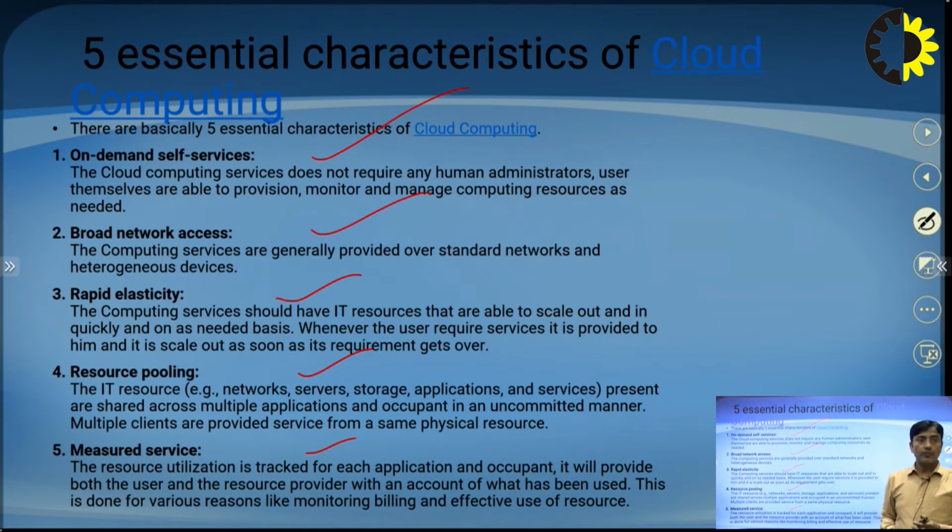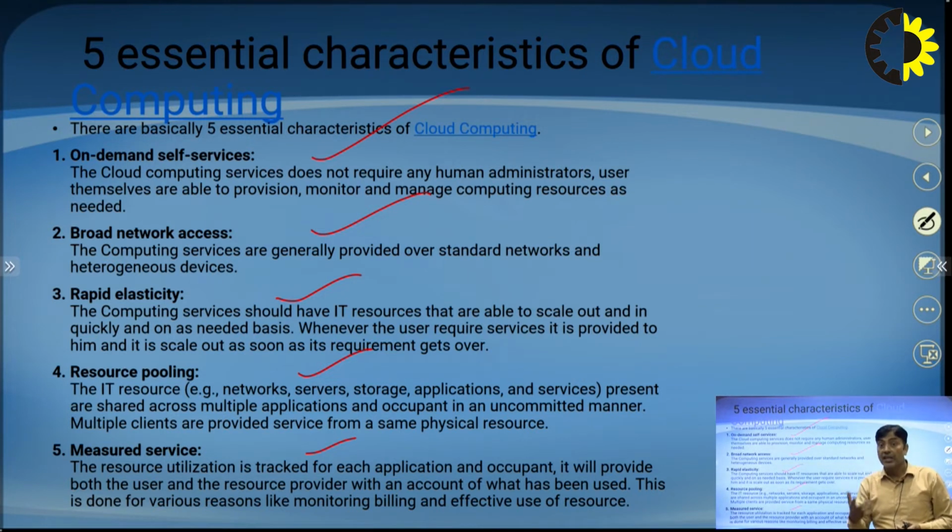So, on demand self service means whenever we have demand, we request to the cloud provider, and that service is immediately offered to us. We can use that. This is the beauty of cloud computing. That means we need not take care of how that service is coming, how it is managed in the background.